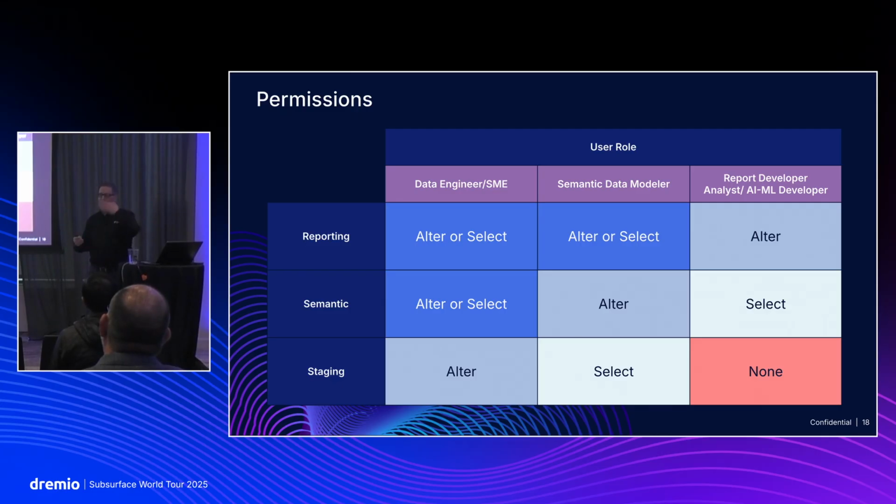Because we're using the business layer, of course, you might have applied a different name to that object and aggregated data or perhaps joined data from different disparate sources. And so they don't need to know where it's coming from, right? You just have a business object with a business nomenclature, and the folks that are report developers don't need to see any of that. It's abstracted away from them. So, best practices here for those permissions.